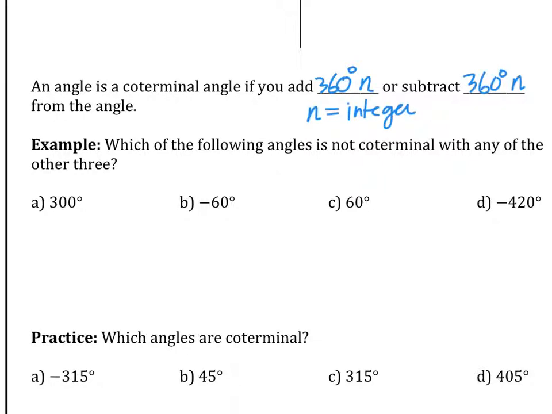What you want to do is make sure that they are all within 0 to 360 and then compare. For example, the first one, 300 degrees. Is that between 0 and 360? Yes. Just leave it alone. B, negative 60. Is that between 0 and 360? No, it's negative.